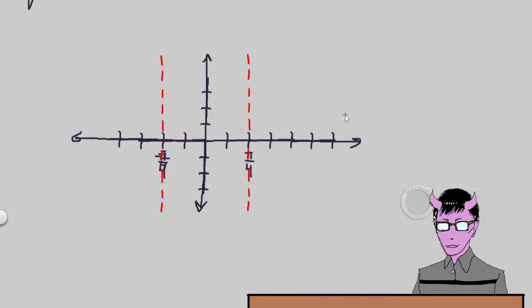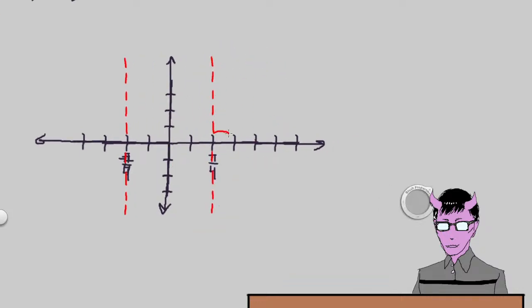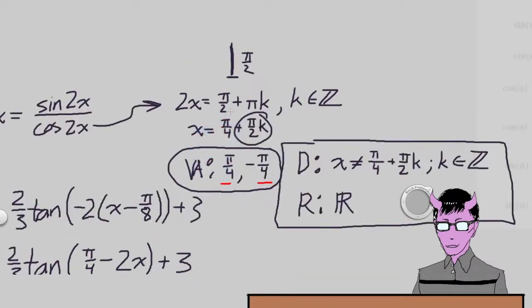If we want to get to any subsequent vertical asymptotes, we just need to move over a total of 4 hash marks from one vertical asymptote. So from this vertical asymptote, if we move 1, 2, 3, 4, this is going to be the period length. Why? Because we determined it right here. Every pi over 2 increment, that's the movement.